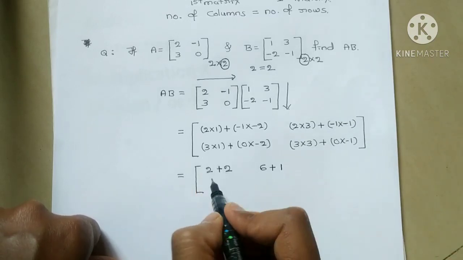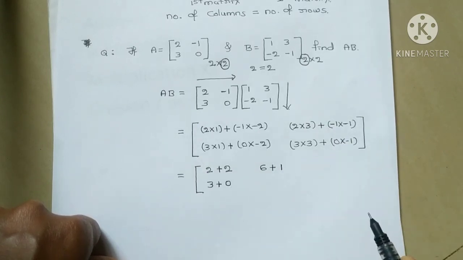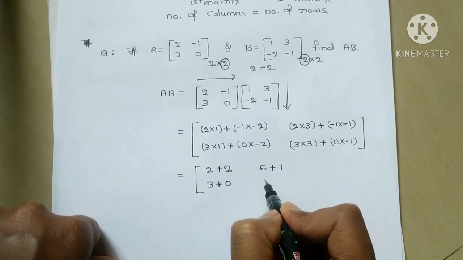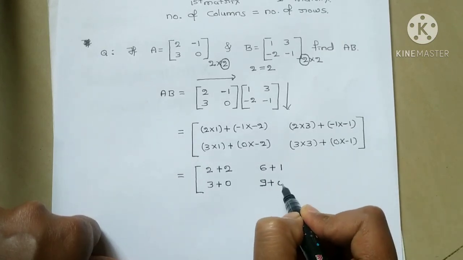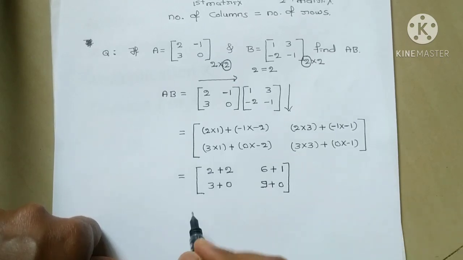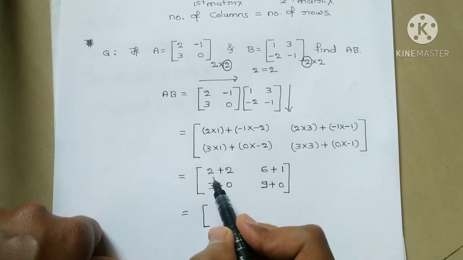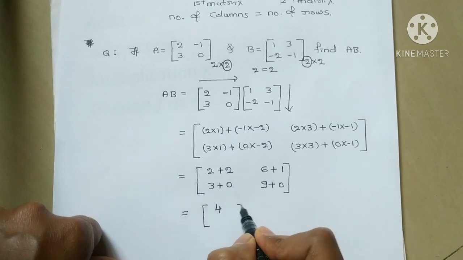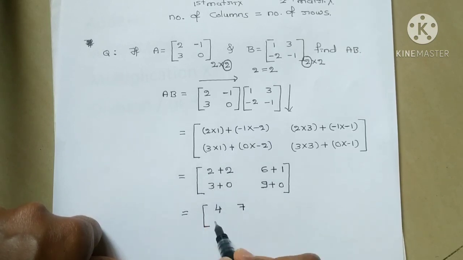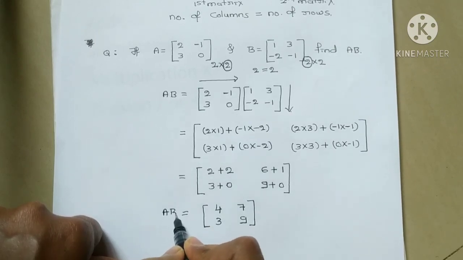Next, 3 into 1 is 3 plus 0 into any value will be 0. 3 into 3 is 9 plus 0 into again any value will be 0. Therefore, finally, what are the remaining values? 2 plus 2, 4, 6 plus 1, 7, 3 plus 0, 3, 9 plus 0 is 9. So this is the value of what? A into B.